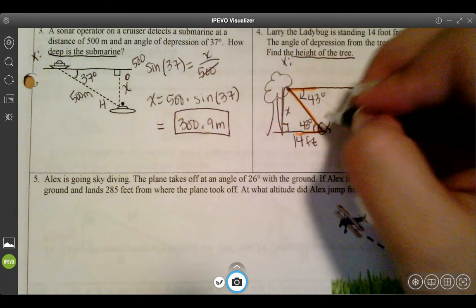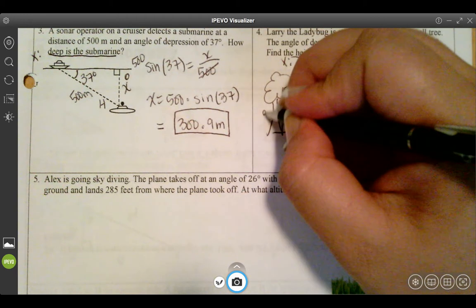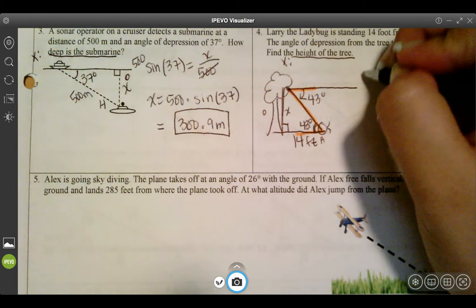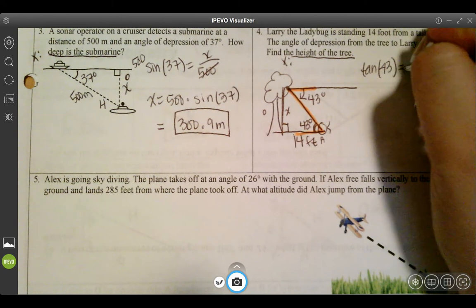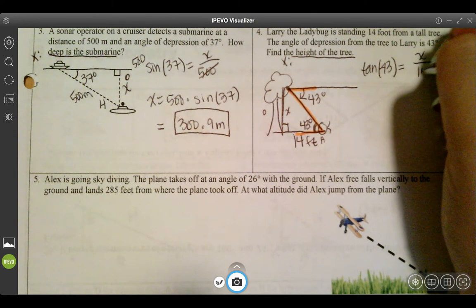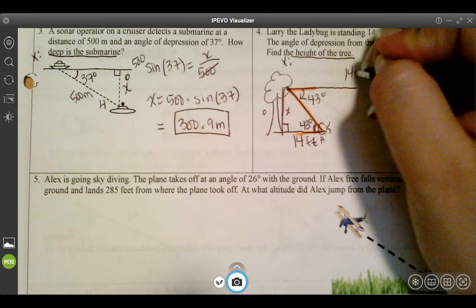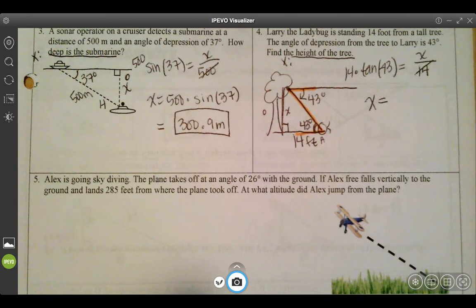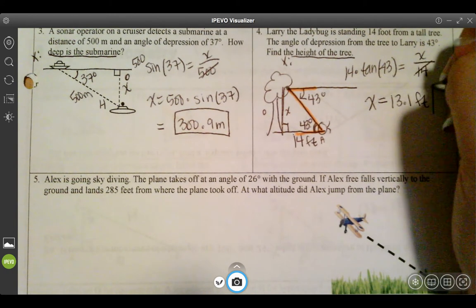And so this is my reference angle, opposite and adjacent tells me we need tangent. Tangent of 43 degrees equals opposite over adjacent, x over 14. Multiply both sides by 14. X equals, into the calculator, 13.1 feet.